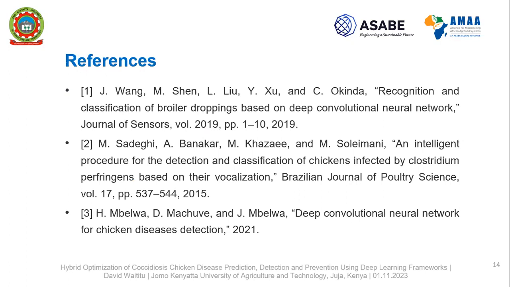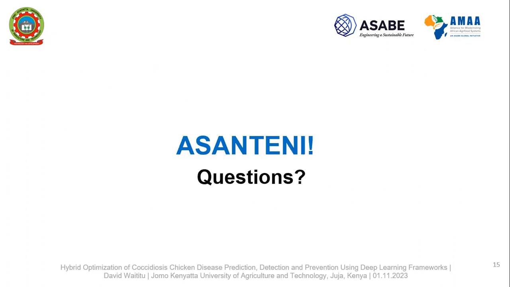And these are some of the references that I used in my study, mostly intelligent systems and deep learning based references. Yes, and thank you so much for your attention. I hope this presentation has opened eyes to how artificial intelligence can be leveraged in other areas.